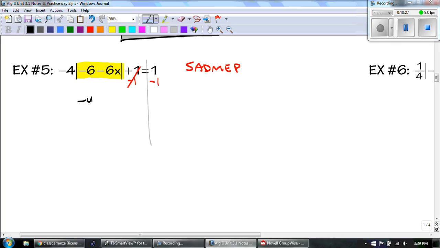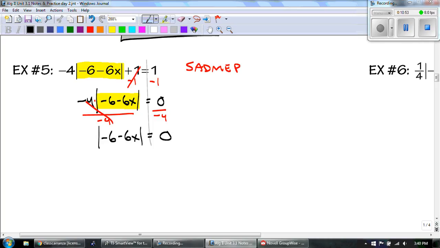So then we have -4 times the absolute value of -6 minus 6x equals 0. This is multiplication, so I need to divide both sides by -4. And then we still have the absolute value of -6 minus 6x equaling 0.